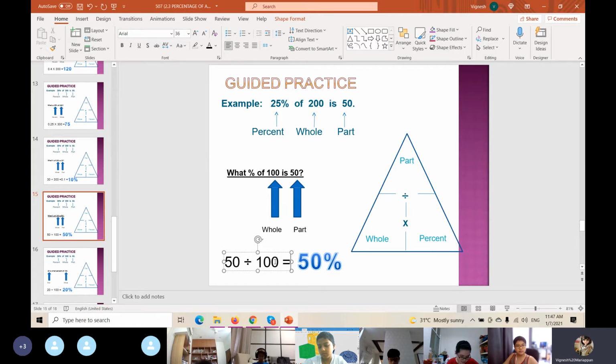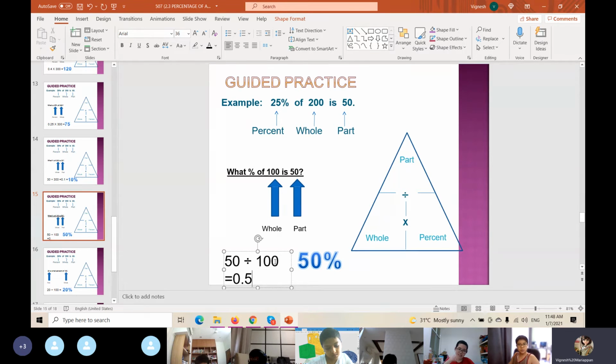Fiona, you confusing me also. No, 50 divide 100. If 100 divide 50, yes, the answer is 2. But how about 50 divide 100? You should get the answer in decimal. Teacher, but I count is 2. Okay. 50 divide 100 is equals to 0.5. Understand or not?